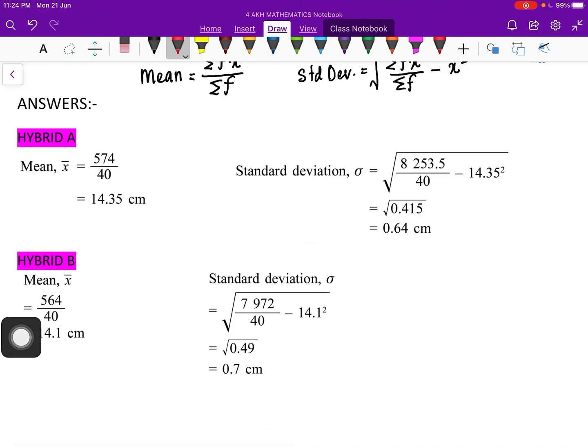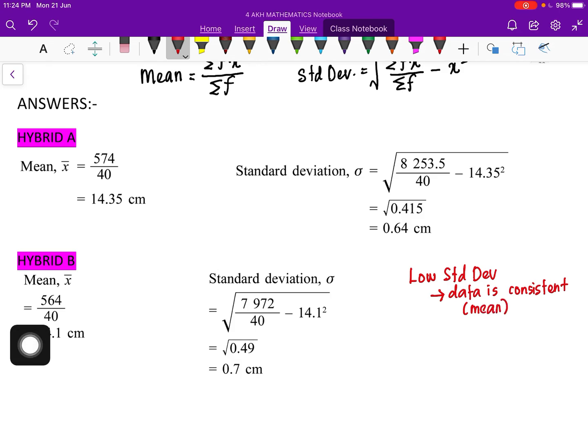If we have a low standard deviation, okay, it means the data is consistent. What does it mean by consistent? Consistent, it is more towards the mean. Okay, most of the data is on the mean, nearby the mean.